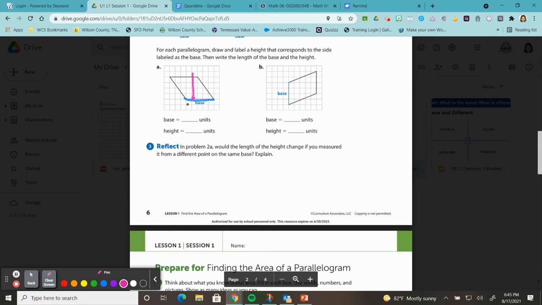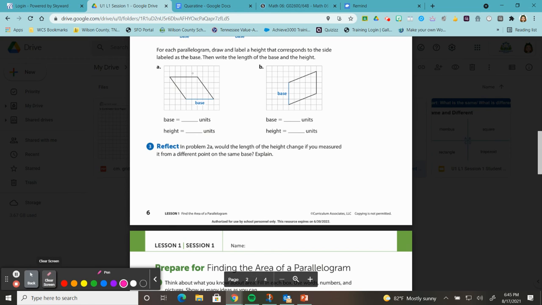What this is asking you is if I change the point of where I have my height. So right now, there's a half a square and then a whole square, so I went half and 1 whole square over to find my height.